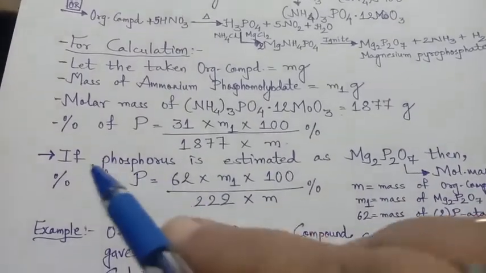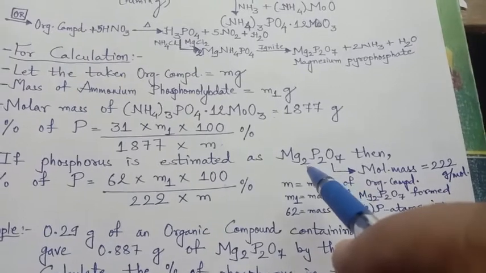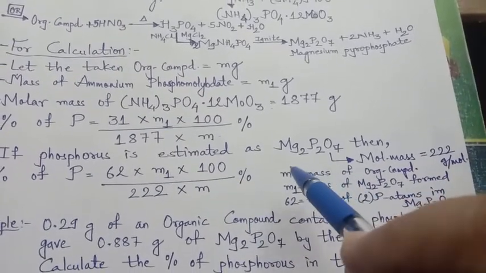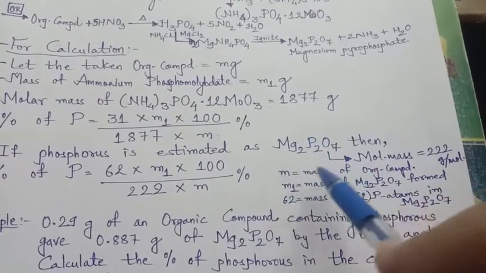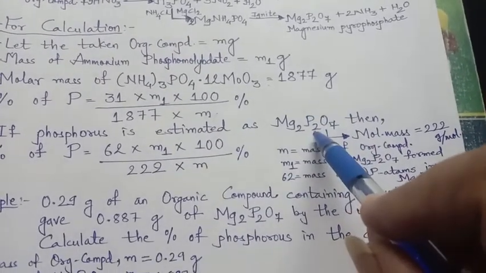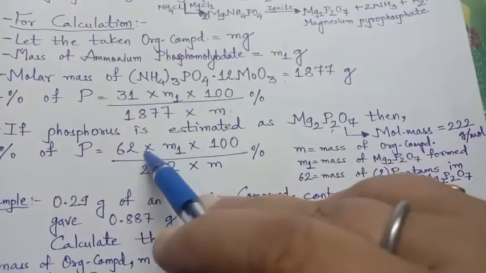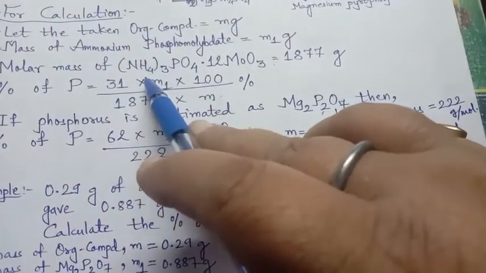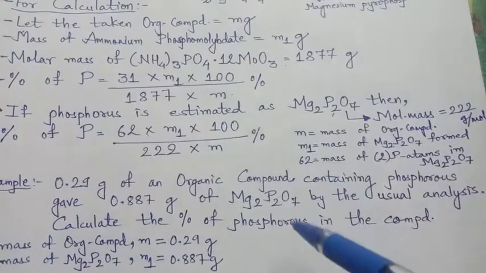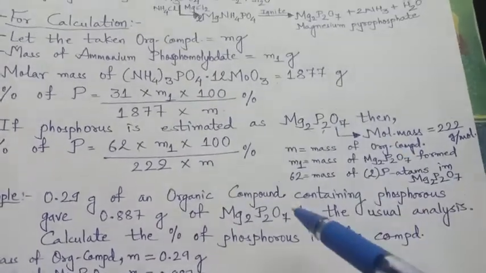In the same way, if the phosphorus is estimated as magnesium pyrophosphate, Mg2P2O7, the phosphorus present is 2. So it will be 31 into 2, that is 62, and the rest of the things are the same.